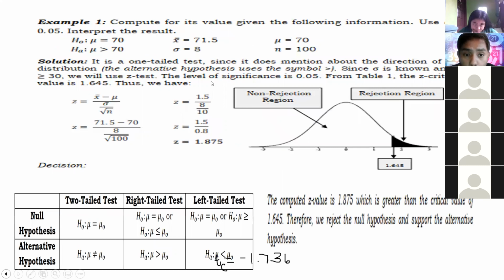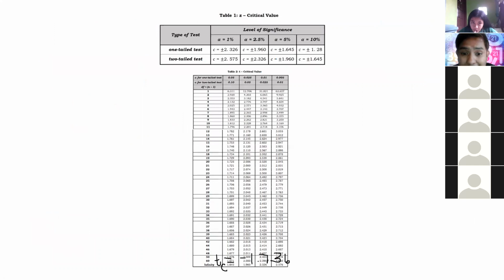One tail, 0.01. Tingnan natin yung 11. That's 2.718. Okay po, 2.718. Clear po tayo?